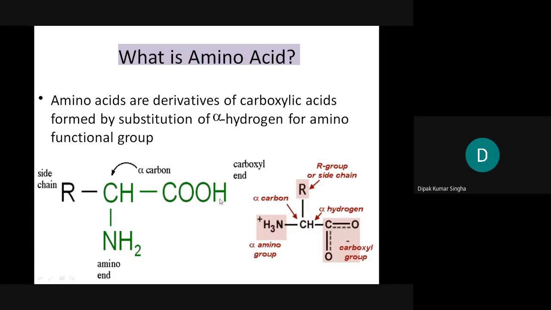In acidic or basic conditions, the pH will be changed. At that pH, a hydrogen is shifted from the carboxylic group to the amino group.